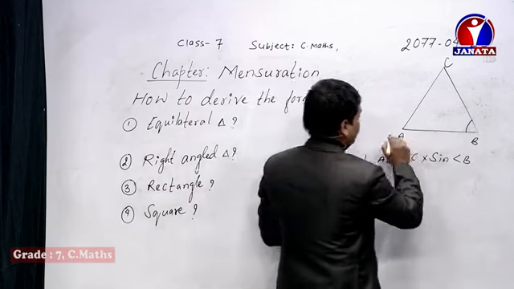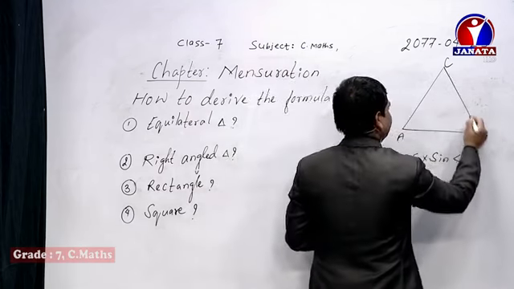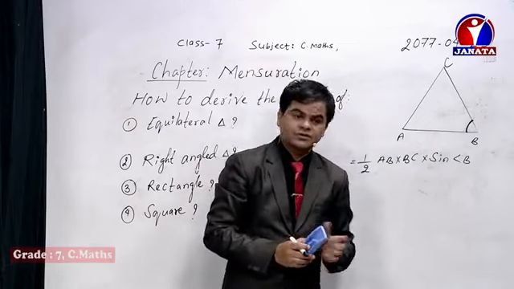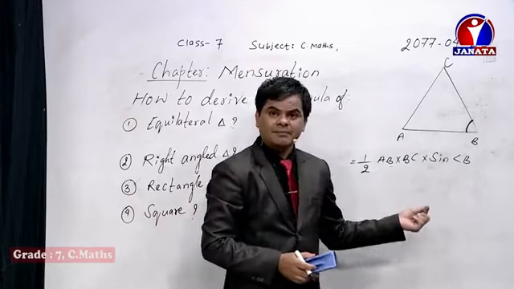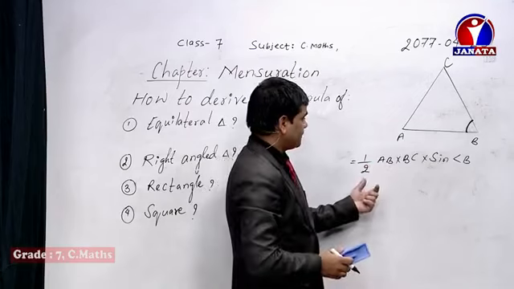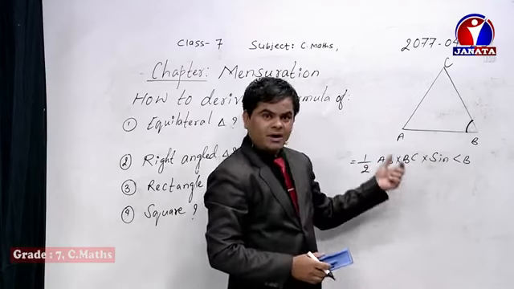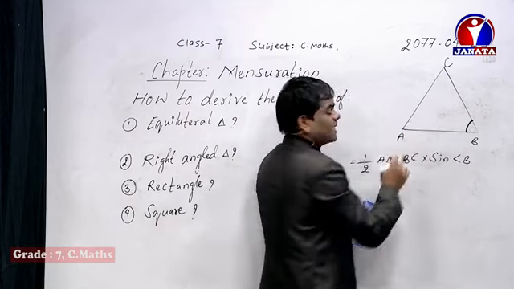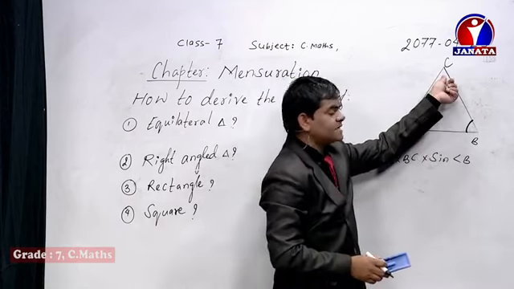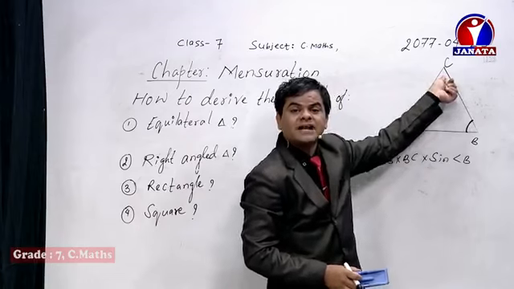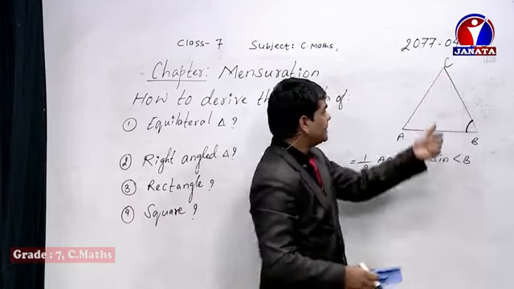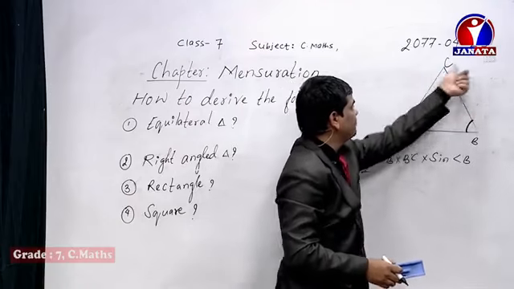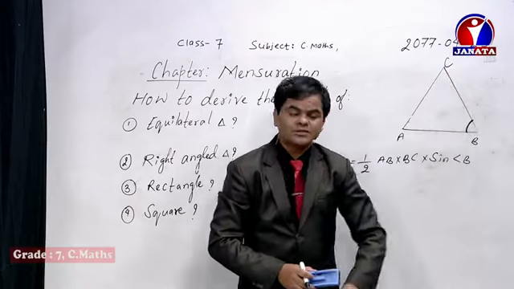I have already told you: AB into BC into the middle angle in terms of sine, and 1/2 should be kept in the front. So this is the basic thing to be remembered. Keep in mind, later on I am not going to write this one. If you use this one angle with this one side, for example if this angle is mentioned as something degree, at the time it is 1/2 into AC into BC into the middle angle in terms of sine.